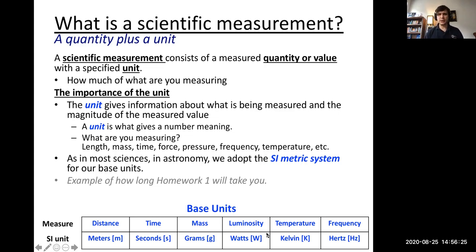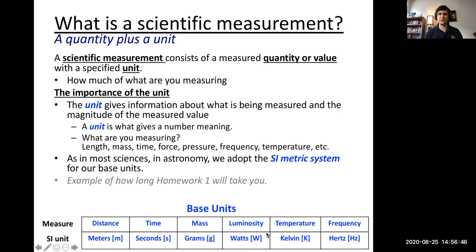That specified unit is going to be what gives that number meaning. So the unit is actually telling us what is being measured. And if we know what's being measured, that number plus a unit now has scientific value. So you can think about it, the unit is critically important because it gives a number meaning.